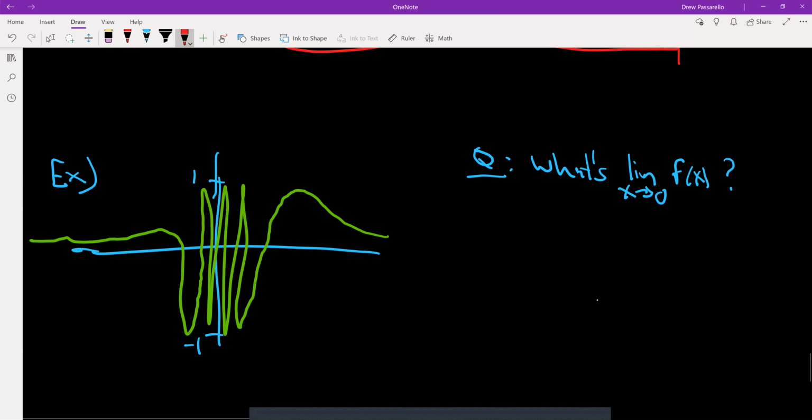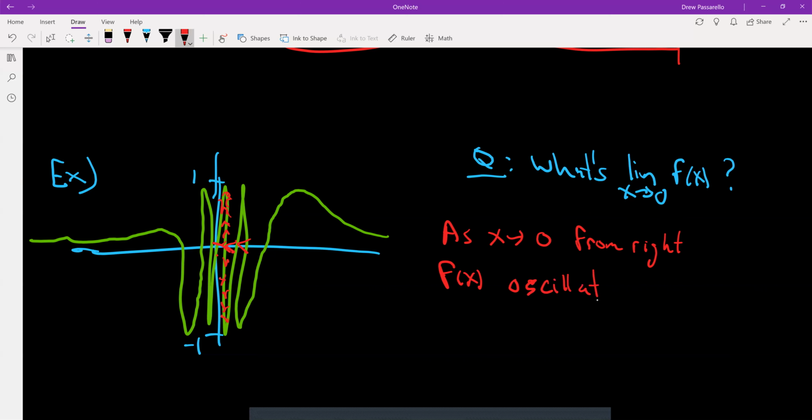So if I approach 0 from the right side, your graph's going to be oscillating between 1 and -1. So the y-coordinates are going to be oscillating between 1 and -1. f of x oscillates between 1 and -1.